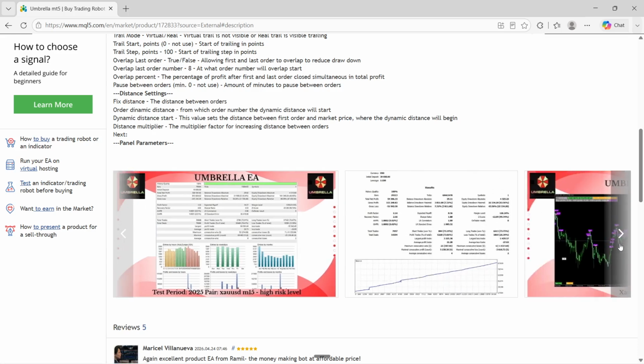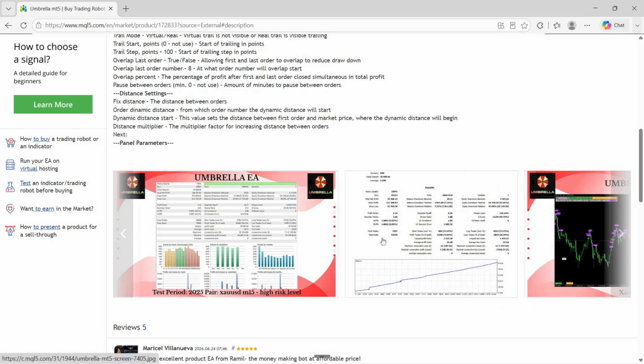There are extensive parameters for distance between orders, dynamic distance activation, pause between orders, and session or hour controls. The system is positioned as flexible for both gold and major forex pairs.